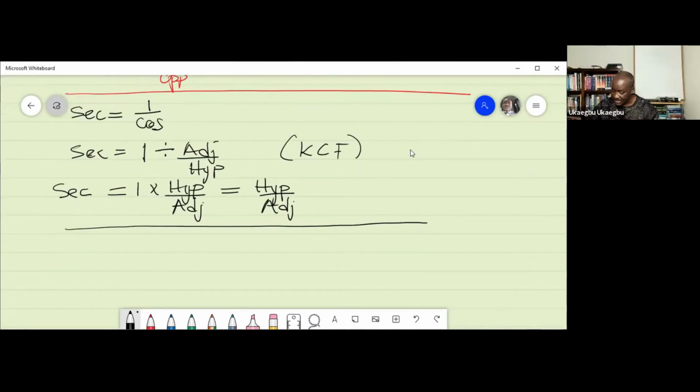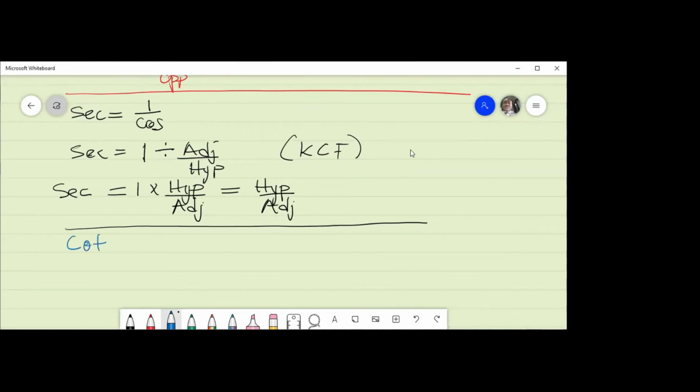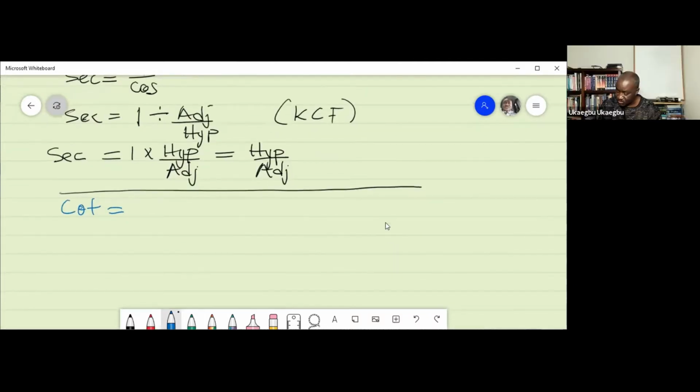Now, let's do cotangent. Cot is equal to 1 over tangent, which is the same as 1 divided by opposite over adjacent.